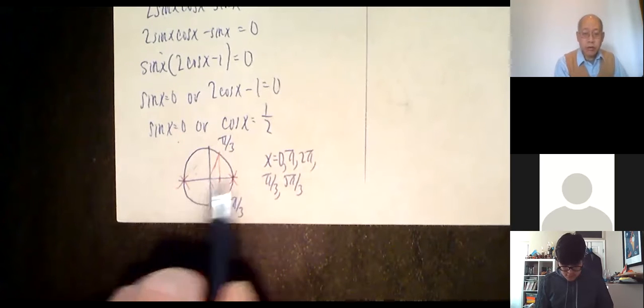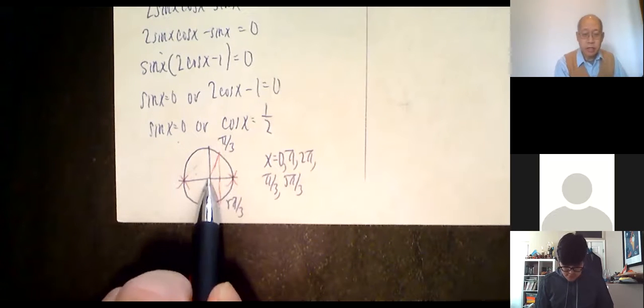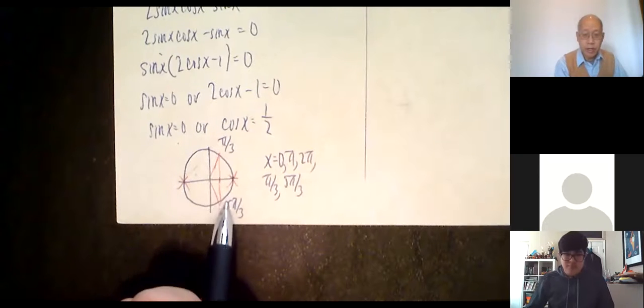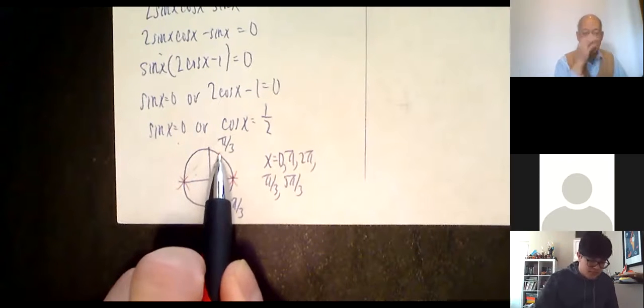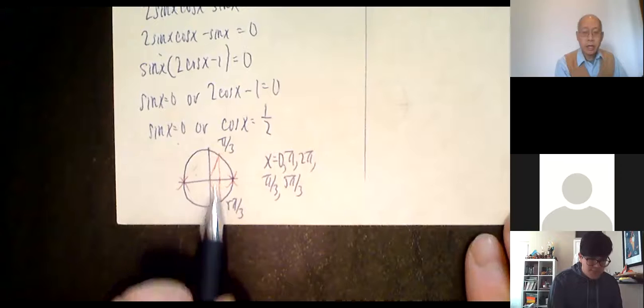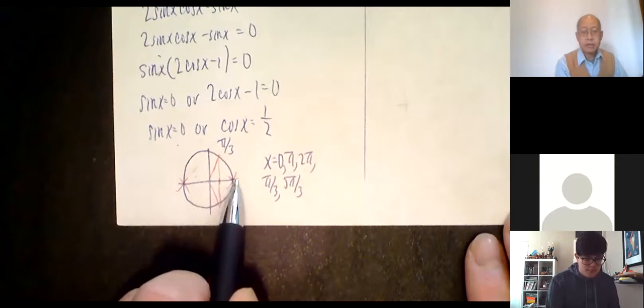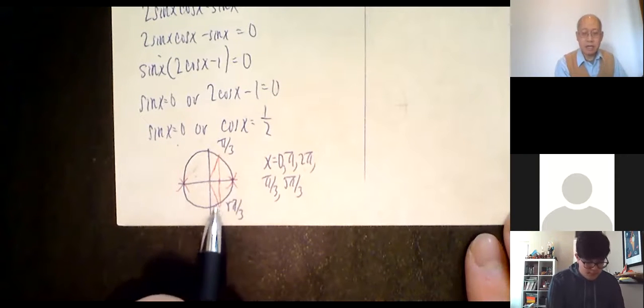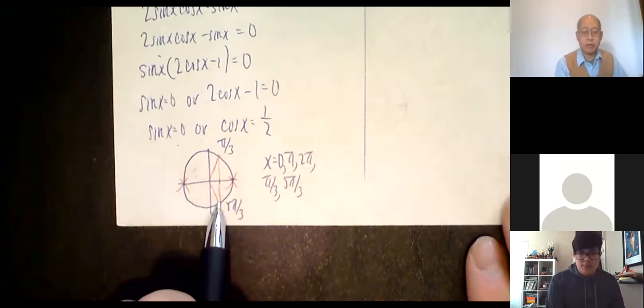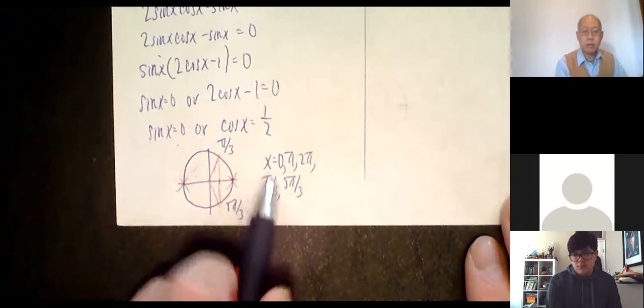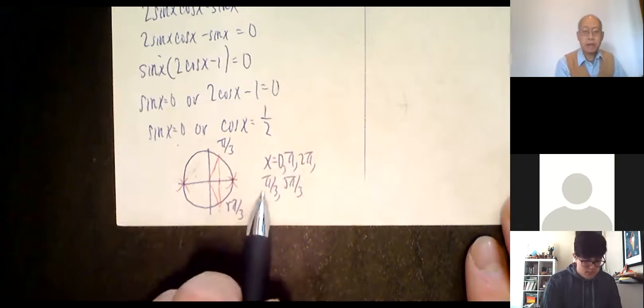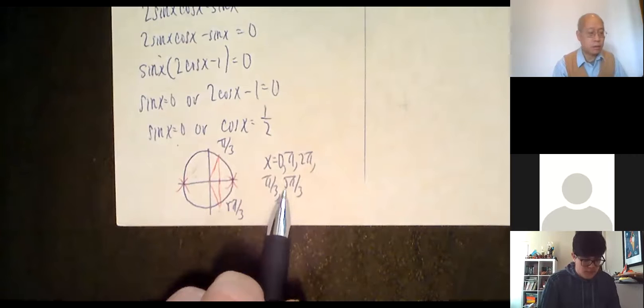Okay, so x coordinate is 1/2. So I go halfway across here, and there's an angle there. There's an angle there. So that looks like it's 60 degrees or pi over 3. And this one over here is 360 minus 60, 300 degrees, which is 5 pi over 3. Okay, so I have 0, pi, 2 pi, pi over 3, and 5 pi over 3 are my solutions.